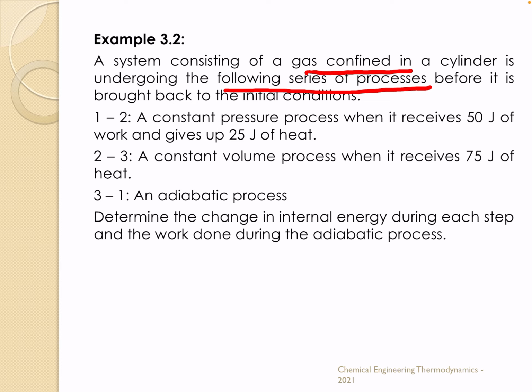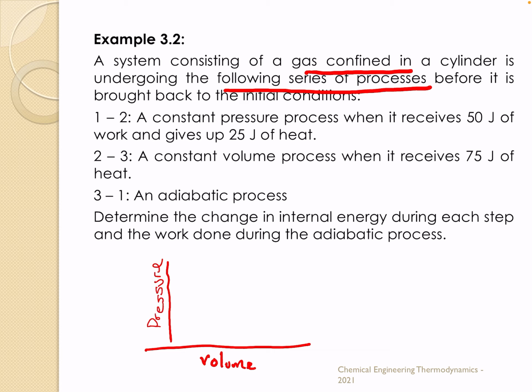The second is at constant volume, which we know is isochoric. And then we have an adiabatic process. In order for us to understand this better, let's put it in a diagram. The PV relationship, remember we did that a couple of classes ago. On this axis we have volume, and on the other axis we have our pressure.